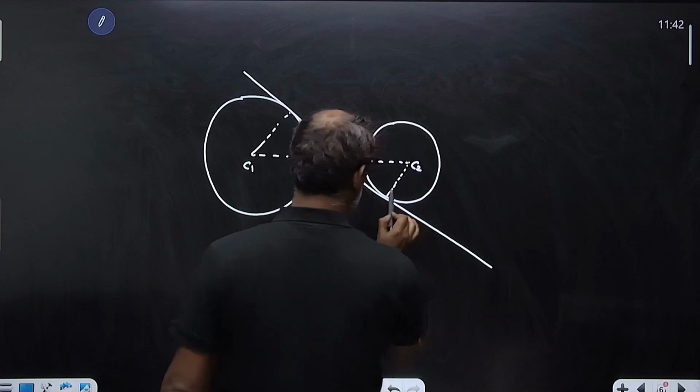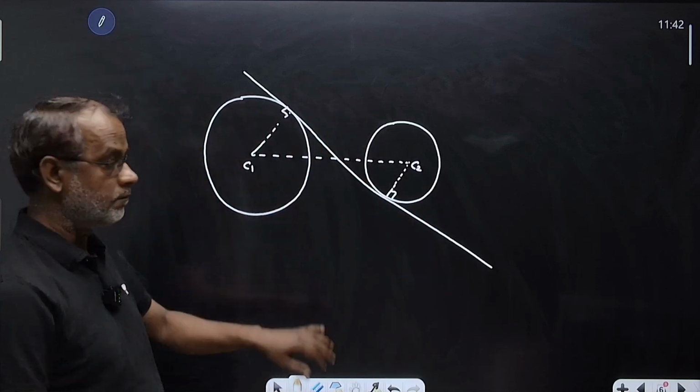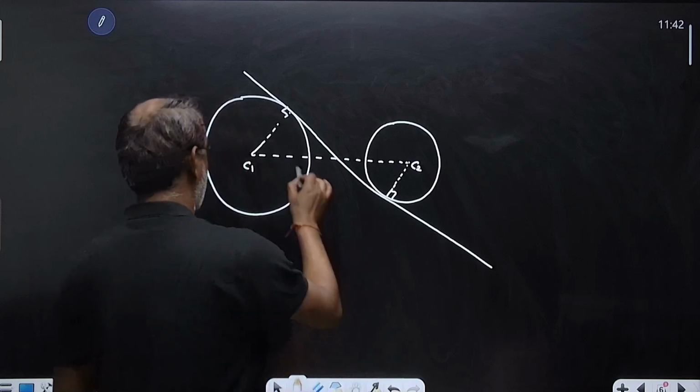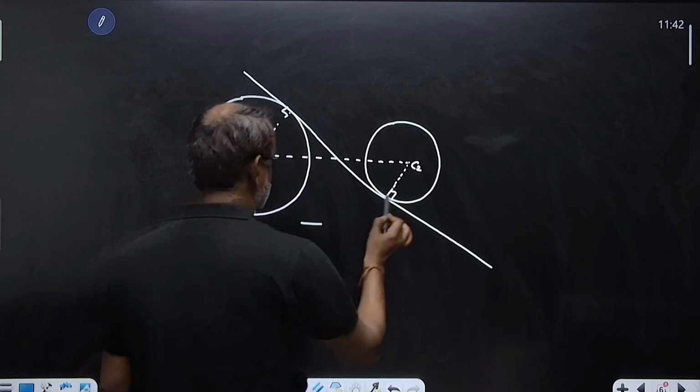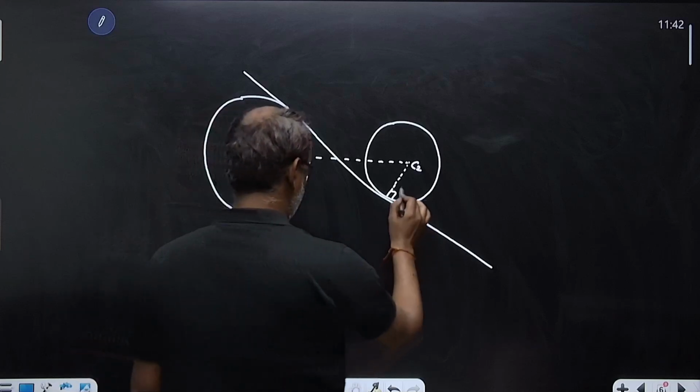The diagram is a bit rough, so please pardon me. So this is R1. This is, sorry, R2.